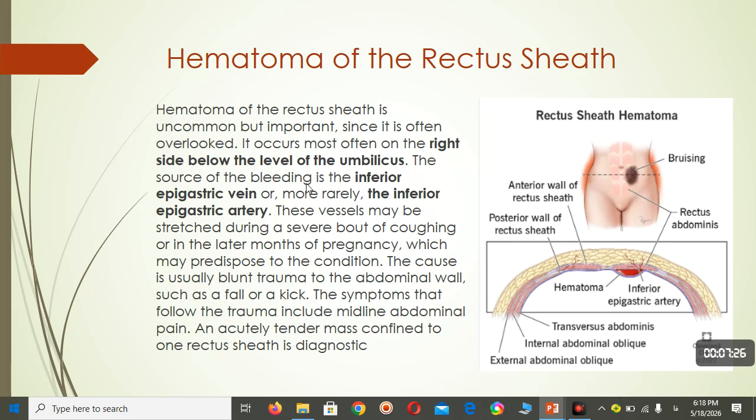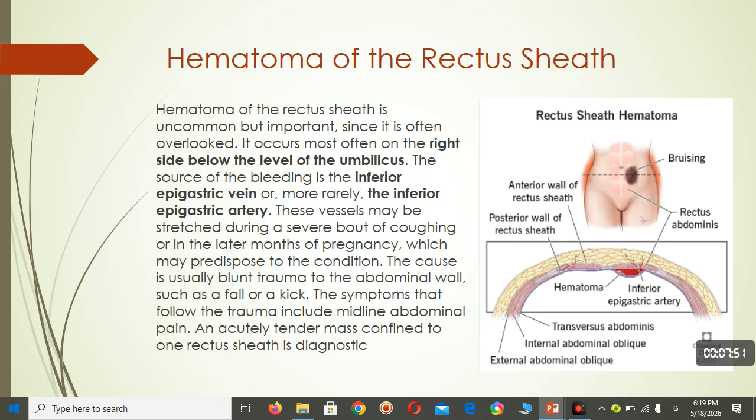In many cases the inferior epigastric vein is torn, and we have the hemorrhage from the inferior epigastric vein, and rarely we may have hemorrhage from the inferior epigastric artery.